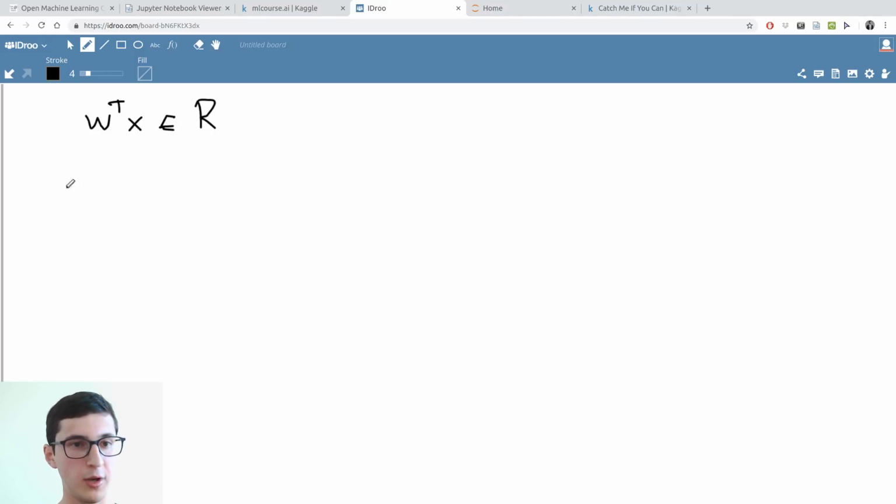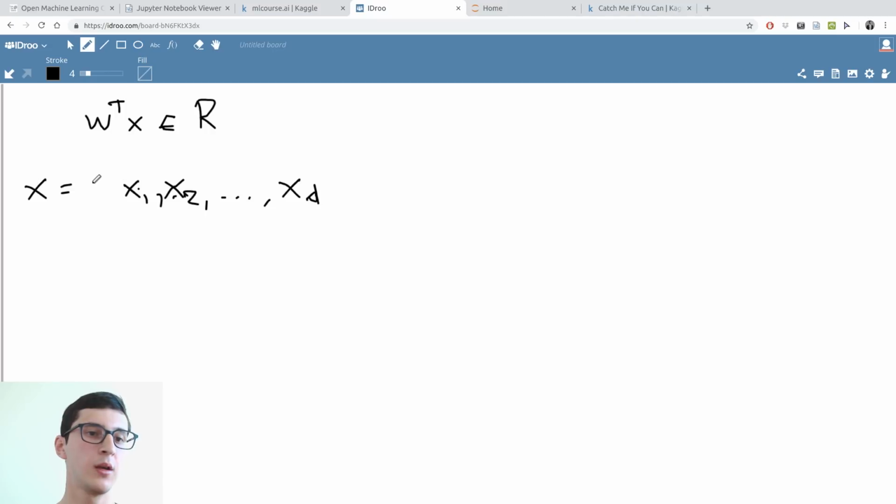One more remark here. Typically we'll have a vector x with our features: feature x1, x2, and so on, up to xd. But we'll also add feature 1, which by definition is equal to 1. This will be x0. It will be convenient just to write W transposed x.